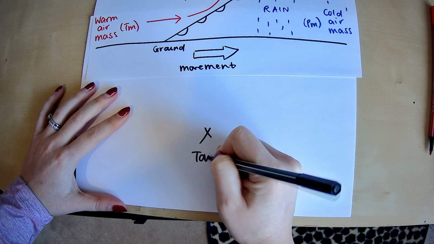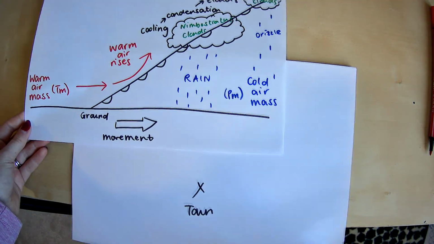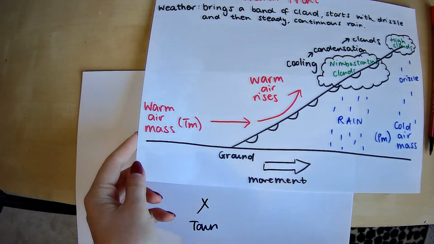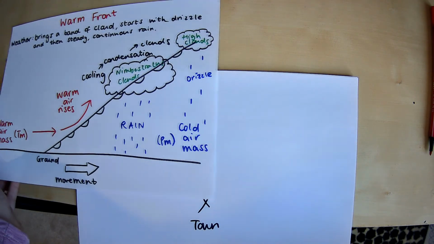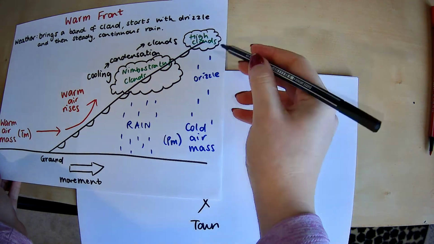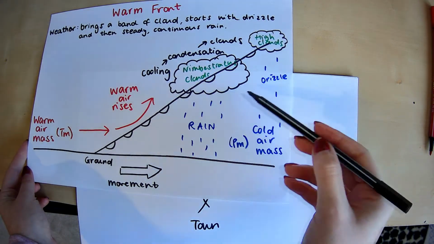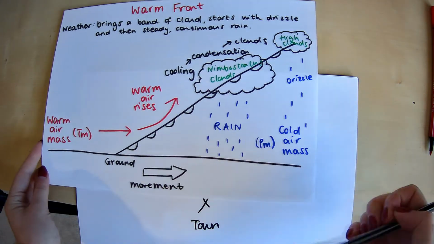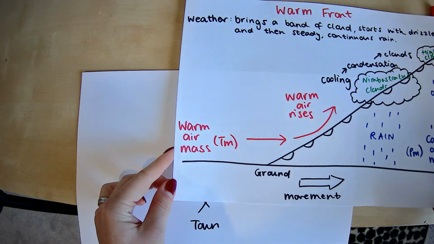This could be a town or a city or your house. This whole front is able to move across that town or city. Initially, when this front comes in, you might experience a little bit of drizzle from these high clouds that are over the town. Then as it moves in, you'll get some much bigger clouds called nimbostratus with lots and lots of rain over the town. And then as this passes over, you'll get through to some of the drier weather.